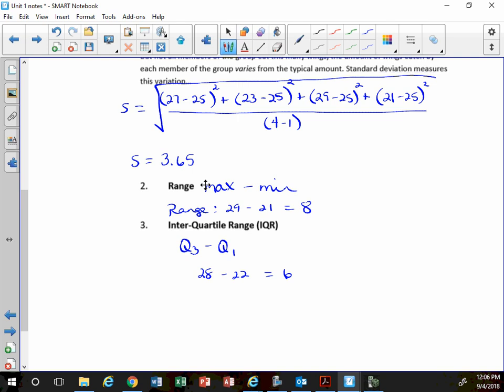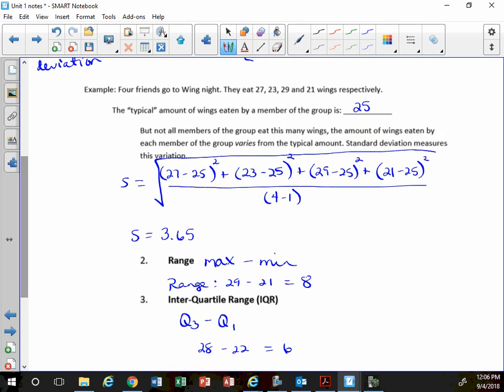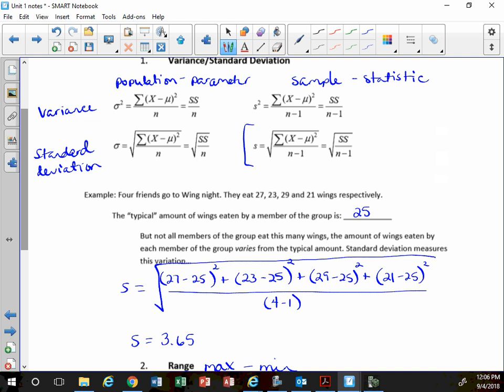Okay. All right, questions over anything on this page? Yes. So why is the population defined differently from the sample when finding the standard deviation? It has to do with the fact that you actually know every single person that you're looking at in a population versus a sample.